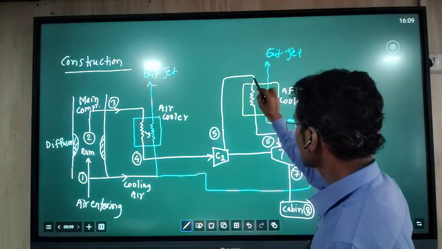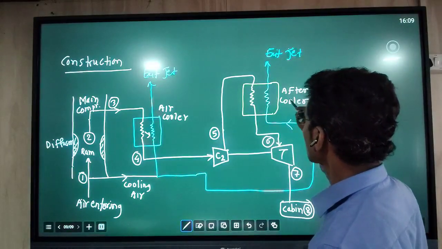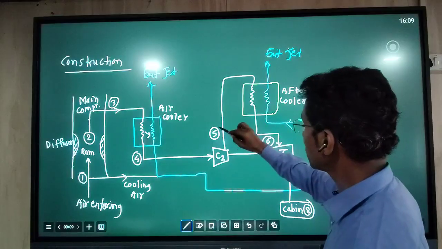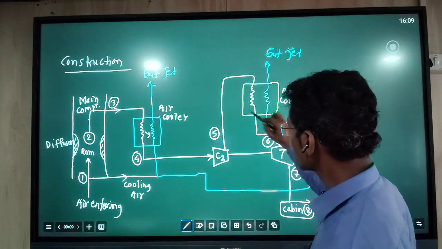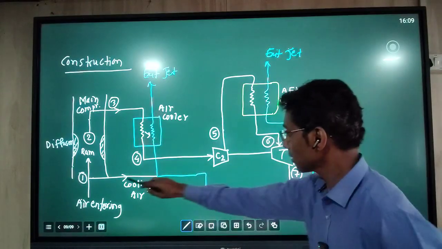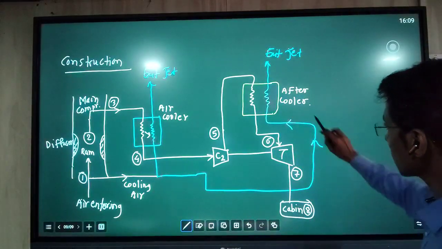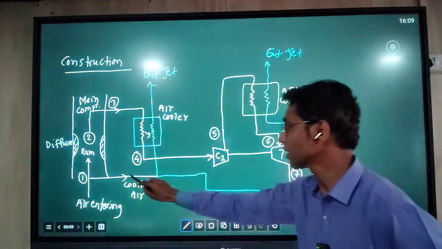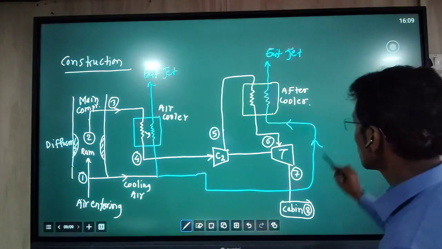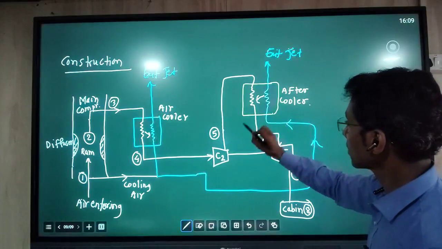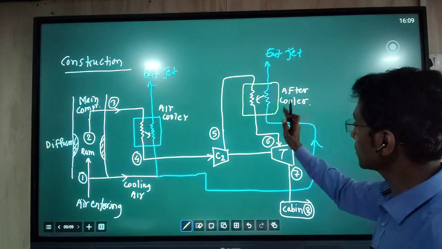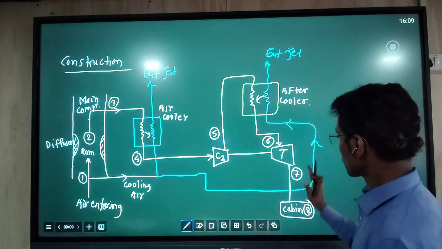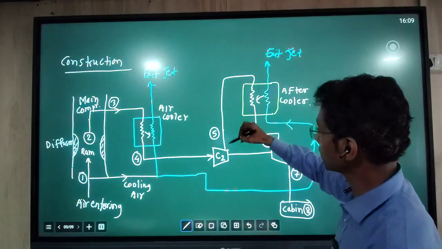Then, a second time, in the after cooler, the air is cooled between process 5 to 6 by using again this bypassed air from the start of the system, that is ambient air, which is cold air. Here also heat transfer takes place from this warm line to the cold line, because this air is warm after compression.